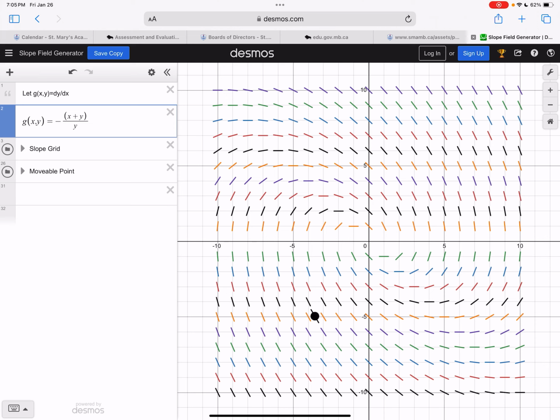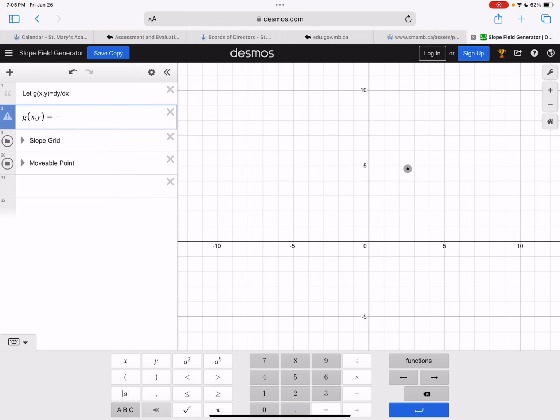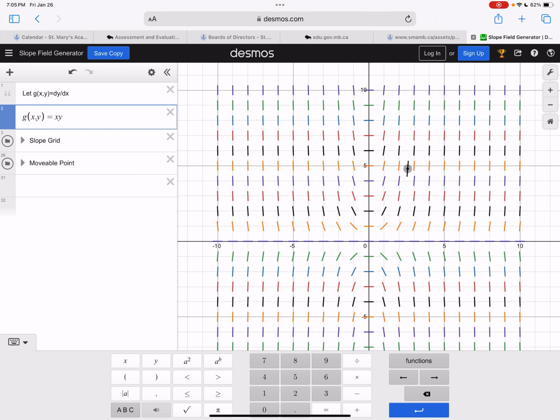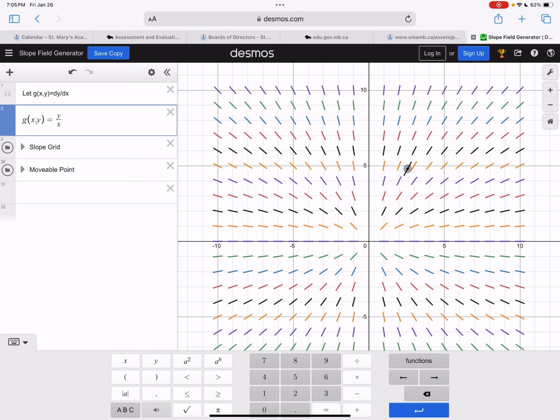It's really cute. You can put whatever equation you want in here just to see what it looks like. You want to see what happens if dy dx is equal to xy? Boom, that's what you get. You want to see if it's y over x? Boom, that's what you... Ooh, that's cool. Anyways, play around with it just for fun. See what kind of cool things you can draw. Be mesmerized. Look at the beauty in the mathematics that's all around us.